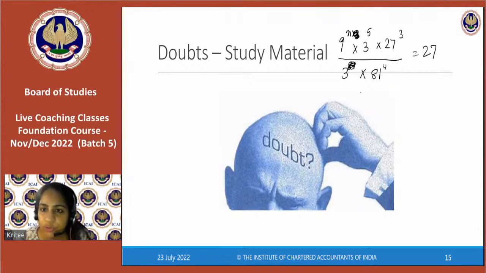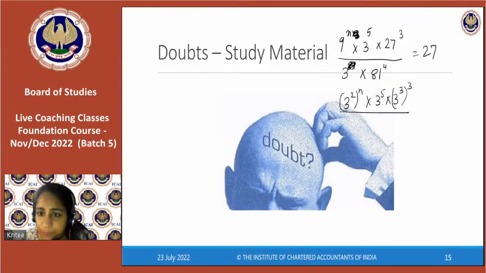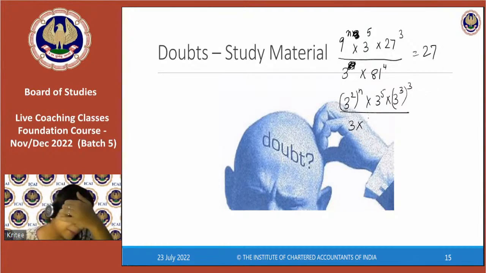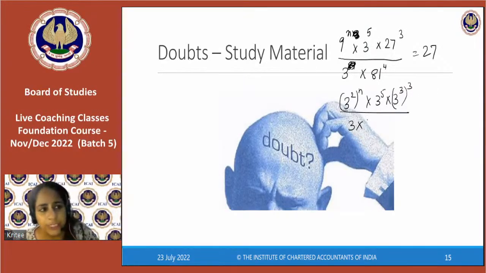So what we would do here is factorize as much as possible. So this is 3 square raised to power n into 3 raised to power 5 into 3 cube, since 3 3s are 9, 3 9s are 27, raised to power 3, upon 3 into 81, which can be written as 3 raised to power 4, raised to power 4, is equal to 27, which can be written as 3 cube.